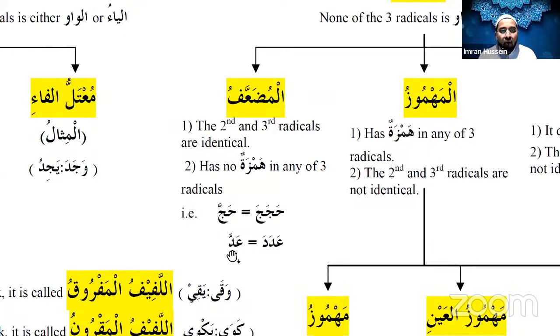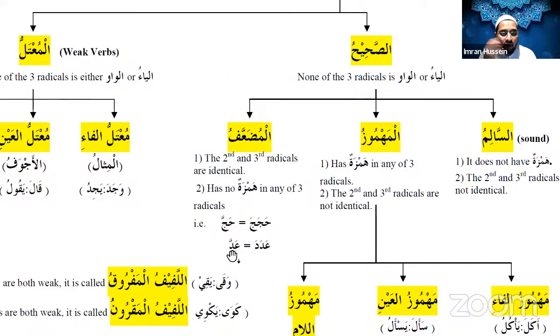So whenever there is no hamza and the second and third radicals have two identical letters, like jim here, then it's called al-mudha'af. Mudha'af, not mudhaf like mudhaf ilay, that's spelled differently.